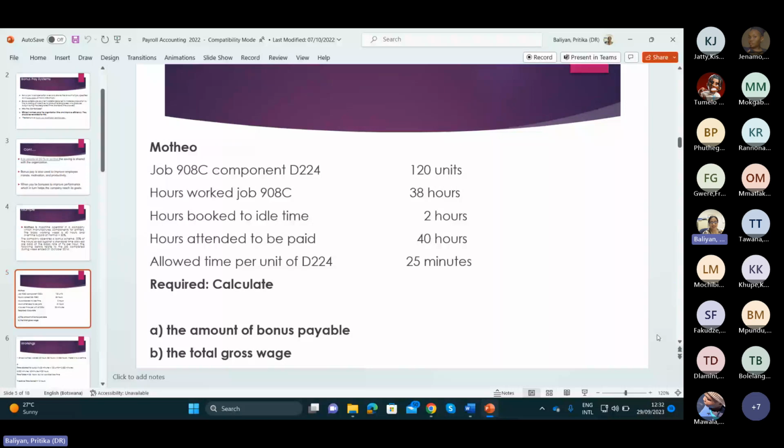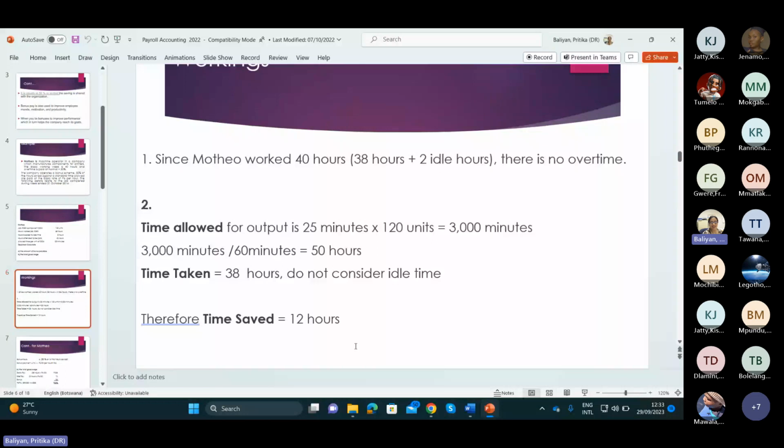But Mateo, how many hours did he take? 38 hours. He actually took 38 hours when the standard time to produce 120 units is 50 hours. So how many hours did he save?